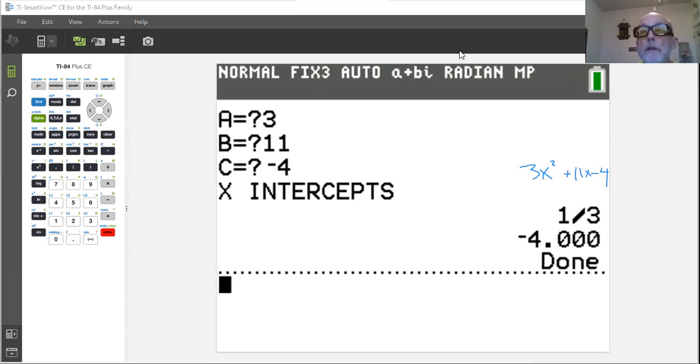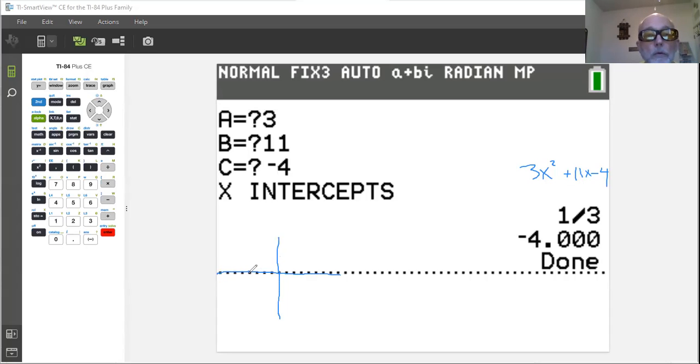So remember, what does that mean? That means that my parabola, if this is the x-axis, -4, 1, 2, 3, 4, right there is one of my x-intercepts.